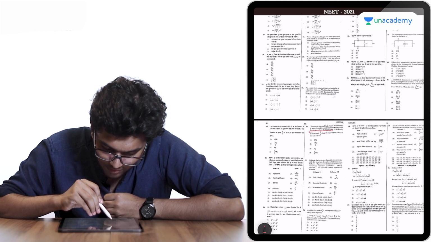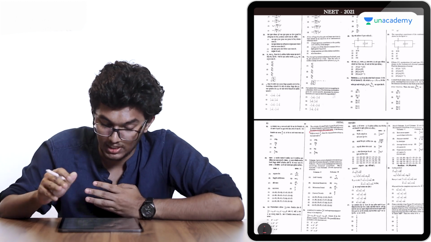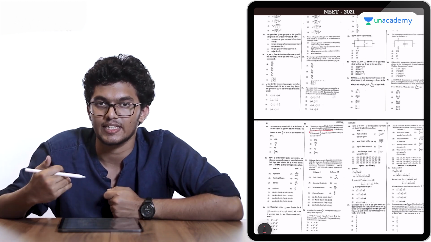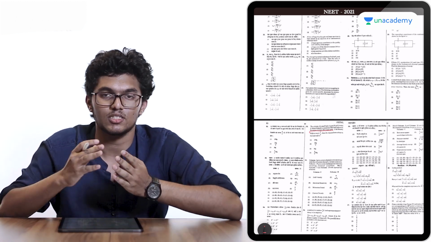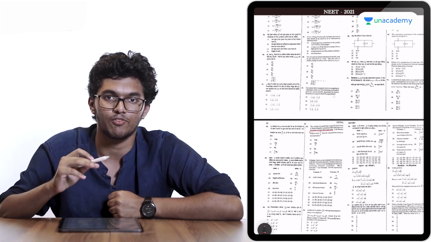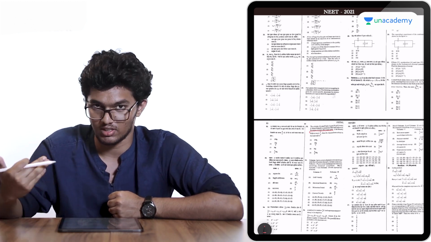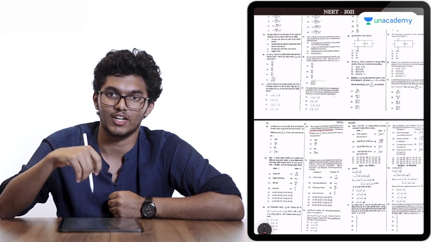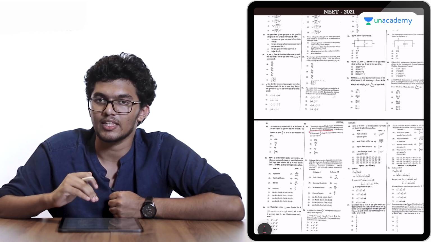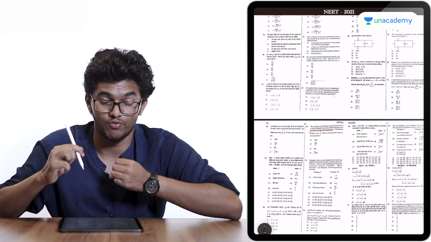The density of the ball is d, and the liquid in which it is immersed has density half. So since the expression for the weight of the body would be v rho g, where rho is the density of the body, and for upthrust it is again v rho g, where rho is the density of the liquid, we can automatically say that the upthrust on the ball is going to be half of the weight.